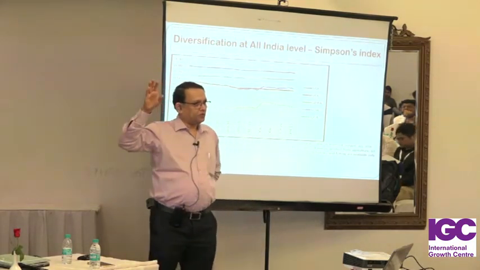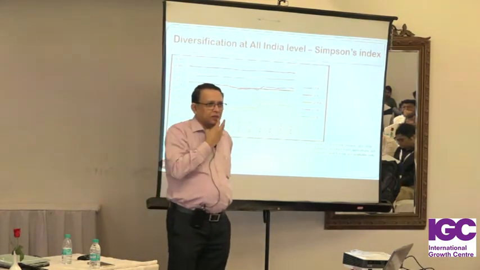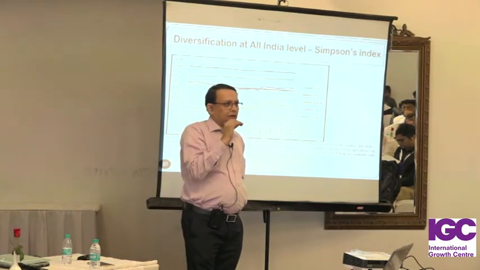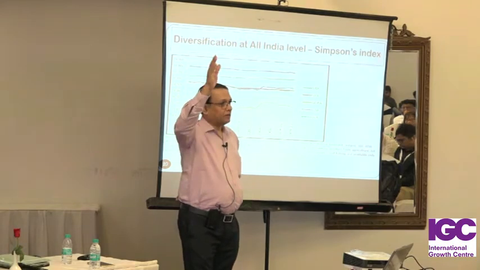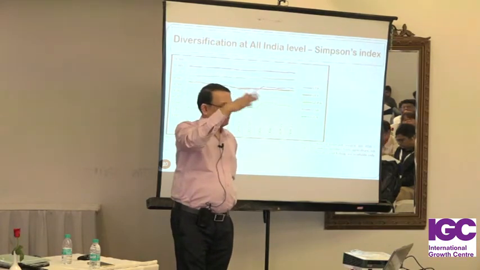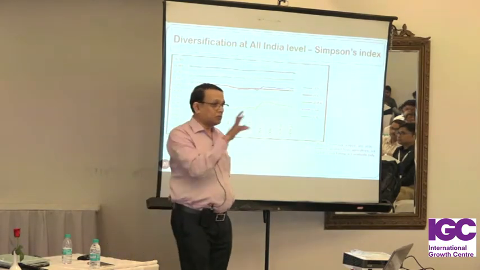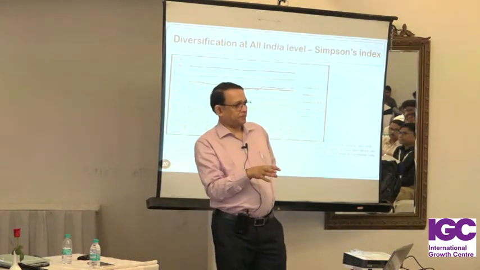I'm not getting into those things here, but the sum and substance of what I'm trying to say is you can do better, but you are far below what you can do, even in terms of the product mix that is suitable for your region.